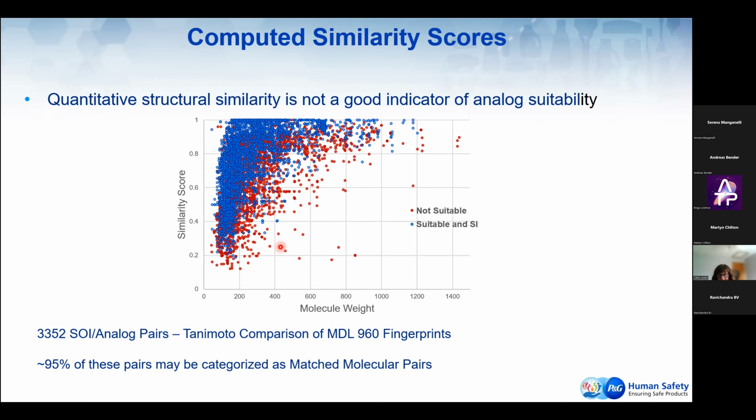So we were very surprised by this, to show that there's just no consistency between similarity score and analog suitability. And what's an even more important point to be aware of is that a lot of tools for read across will use structural similarity for selecting analogs.